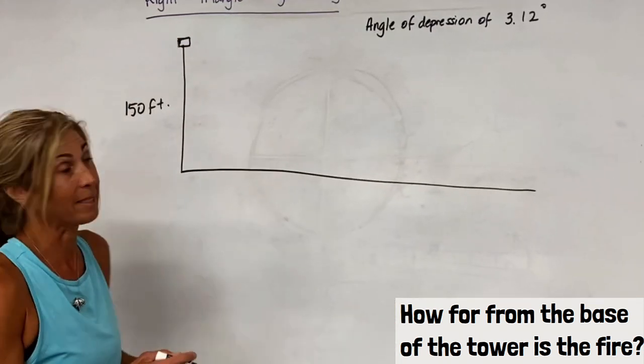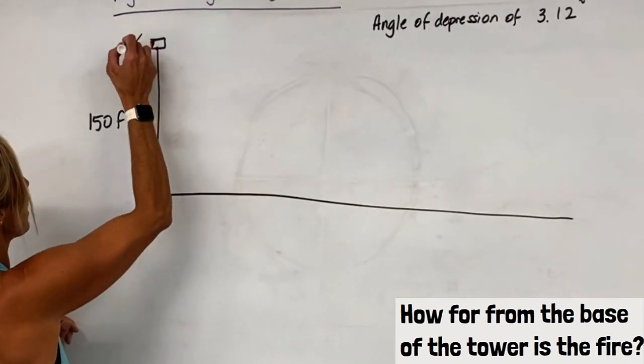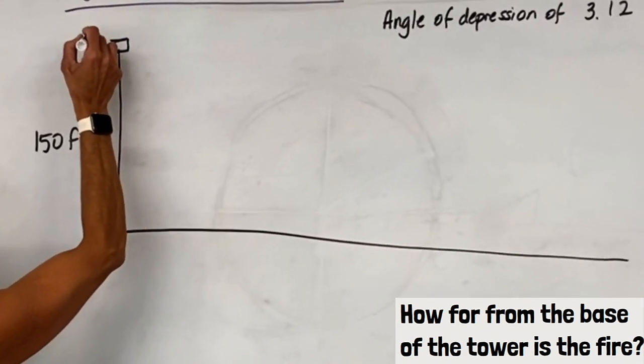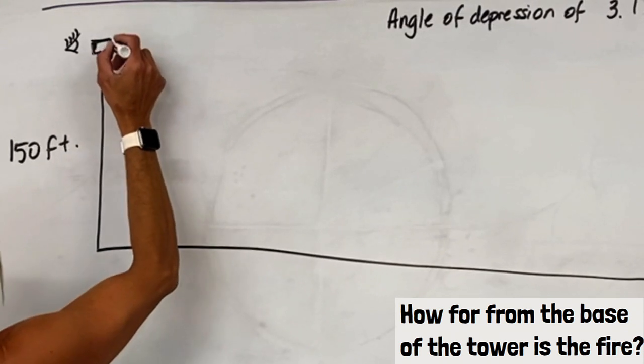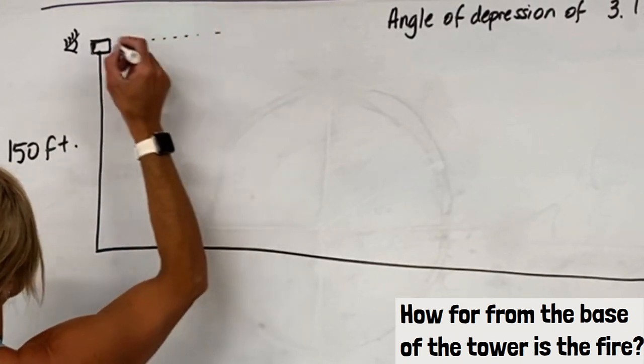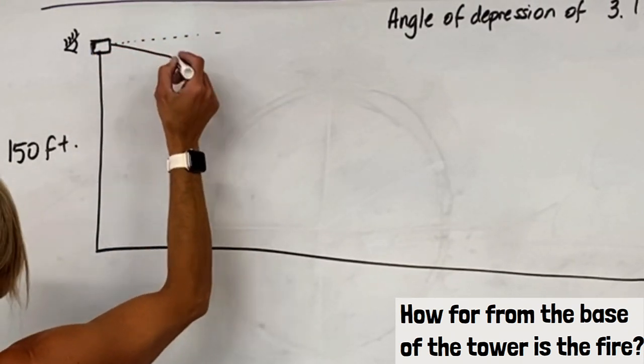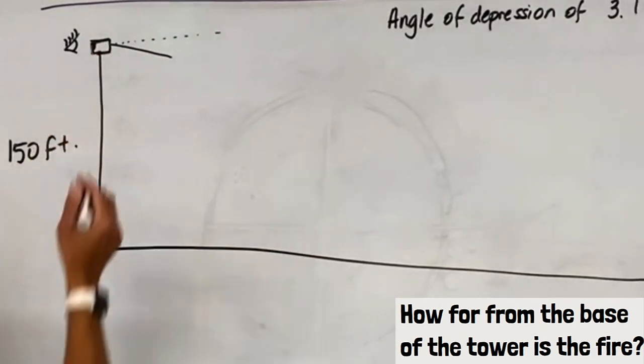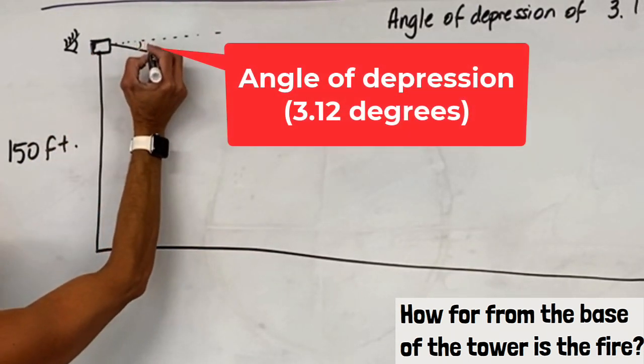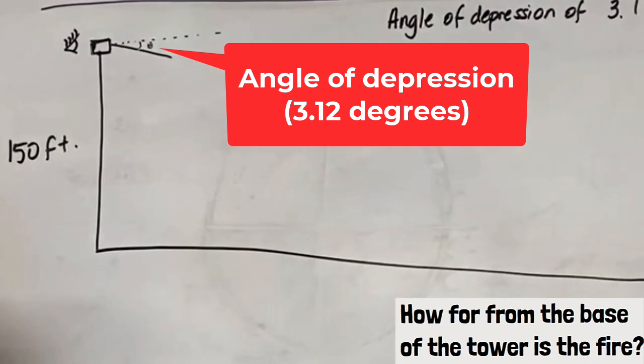So if you can visualize that with me, here's where my eye would be. So my angle of depression would be this right here. There's my theta.